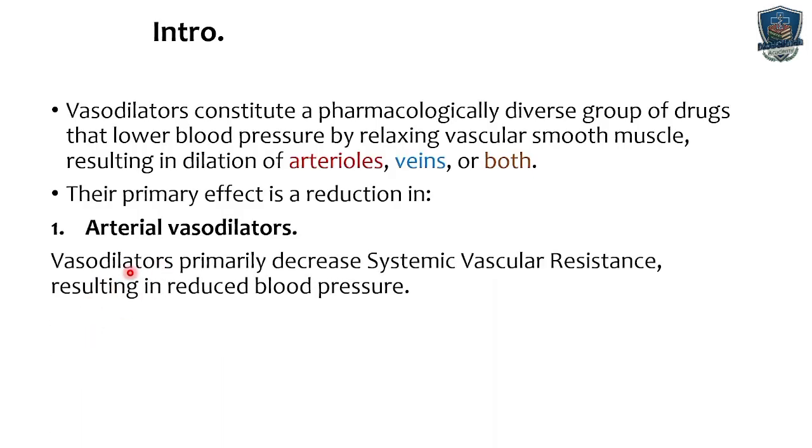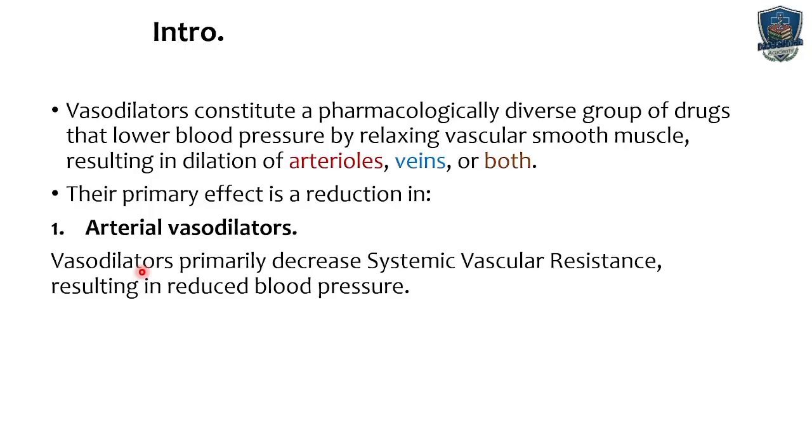To start with, one thing that you have to know, I believe in our first episode, we looked at the formula of blood pressure, and we said that blood pressure equals cardiac output multiplied by the total peripheral resistance or systemic vascular resistance.